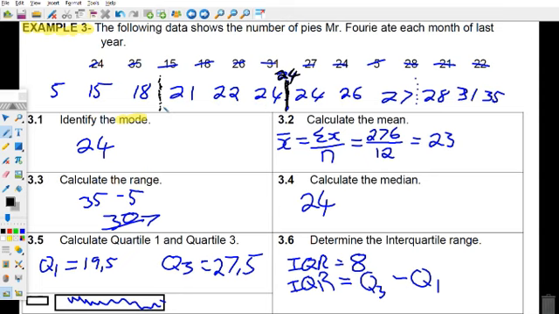Now to find Q1, we take 18 plus 21, which is 39. We add it together, which is 39. We divide it by 2 because we want the middle point. 19.5. Does that explain it a bit better how to find it?